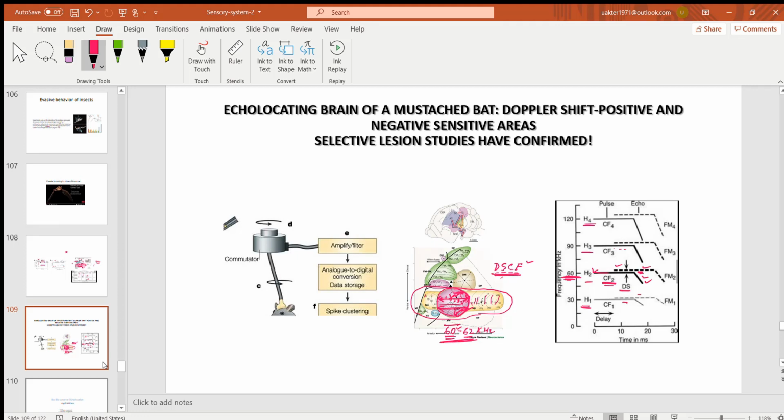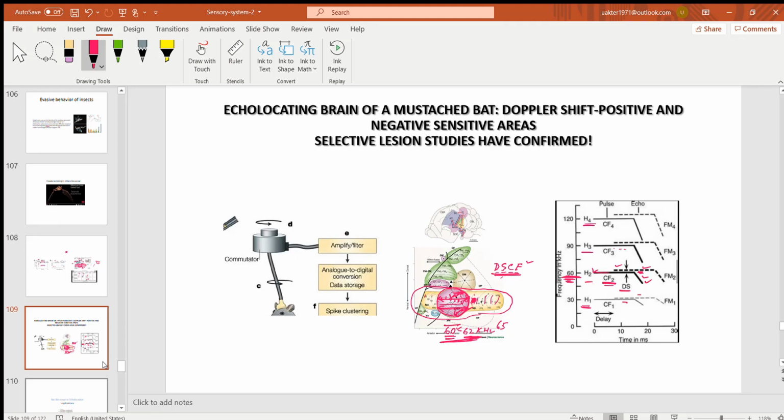Now, next, how will the bat decide the frequency of the next pulse? If it finds that the returning echo is going beyond the limit, like going to 65 and returning outside, the neurons in the DSCF area are not being activated by that, so the bat won't use that.